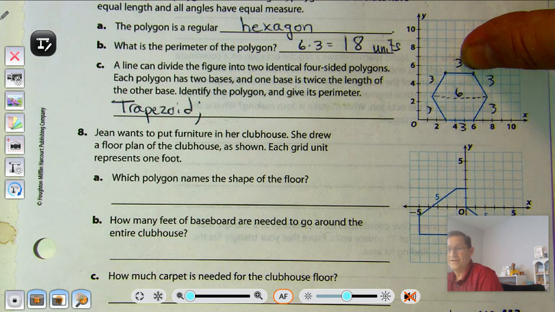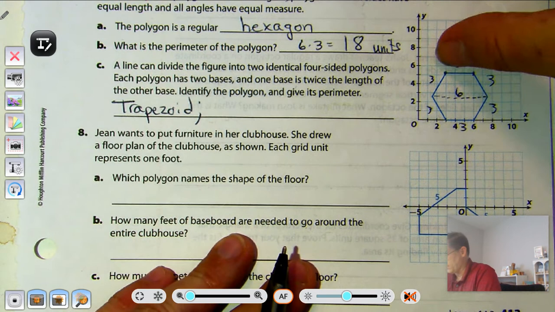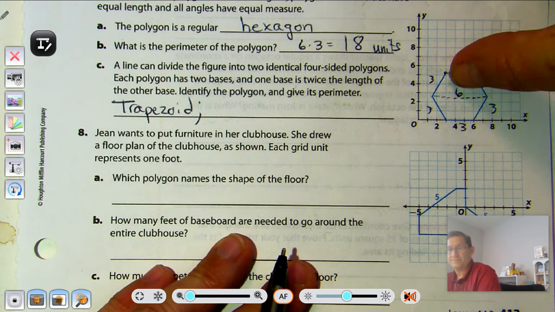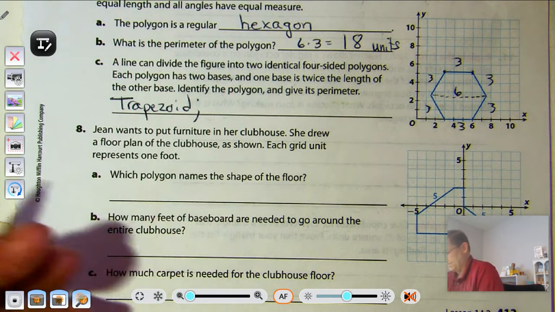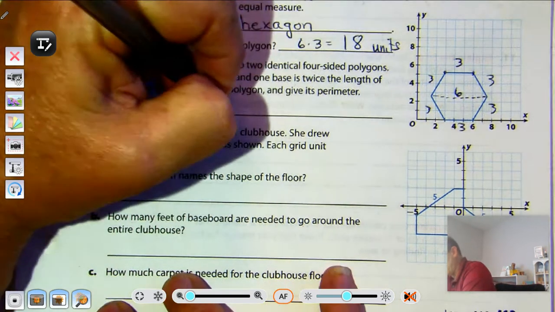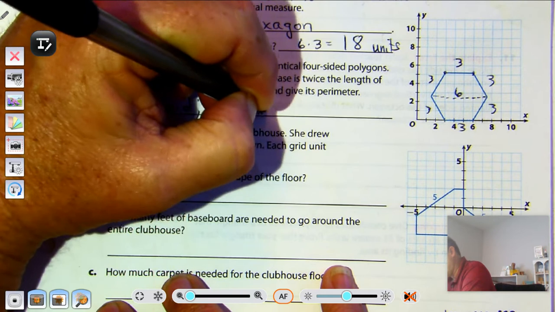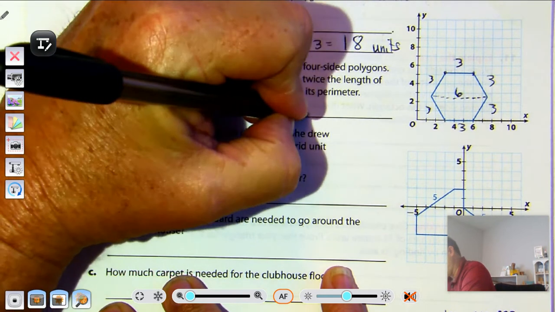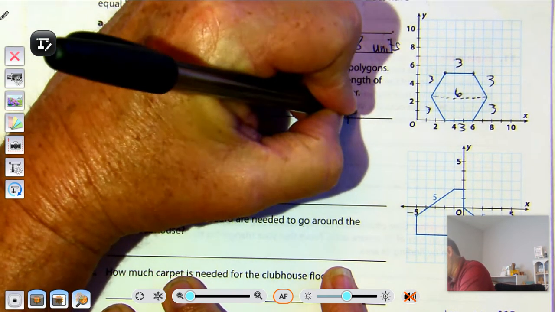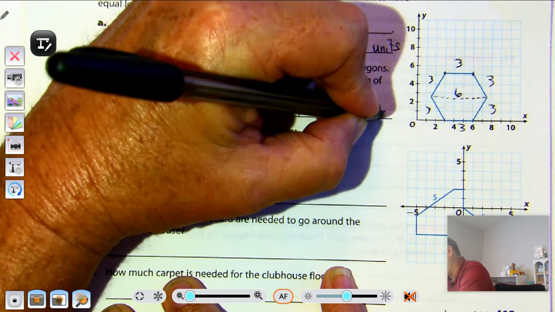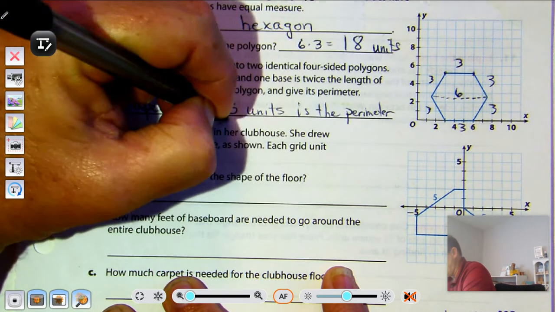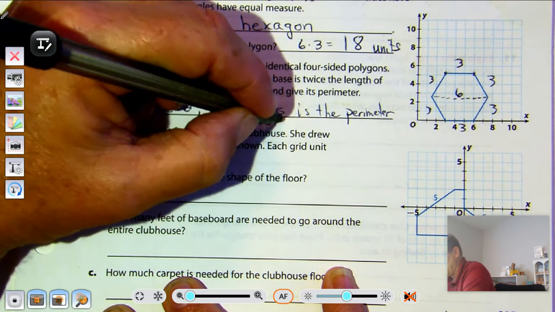So what's the perimeter of that? 3 plus 3 plus 3 plus 6. 15. 15 units is the perimeter. Because P equals 3 plus 3 plus 3 plus 6.